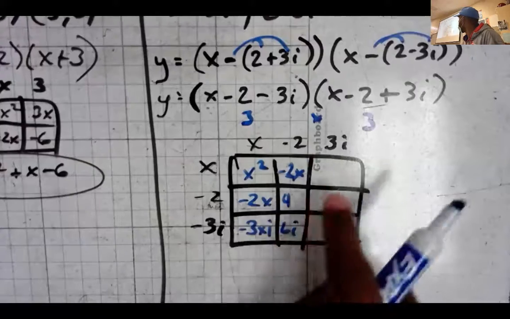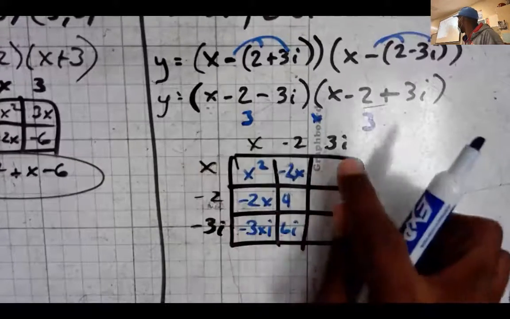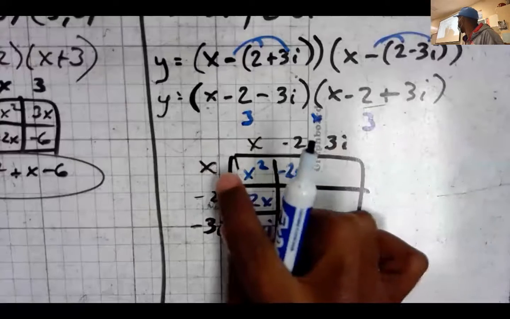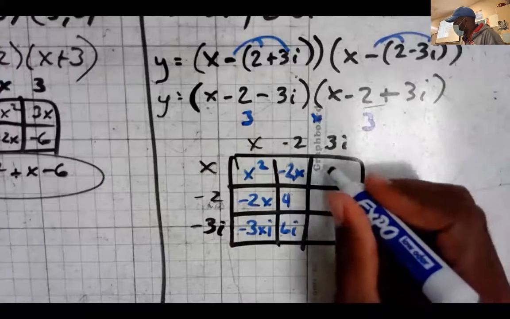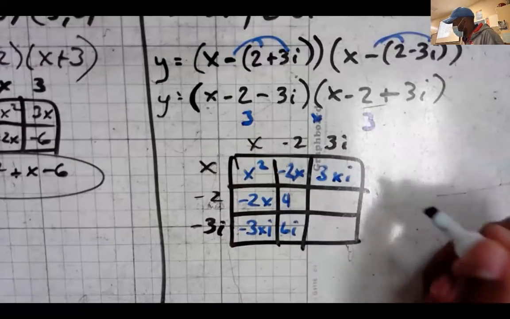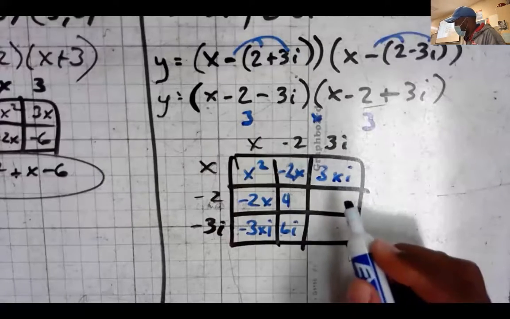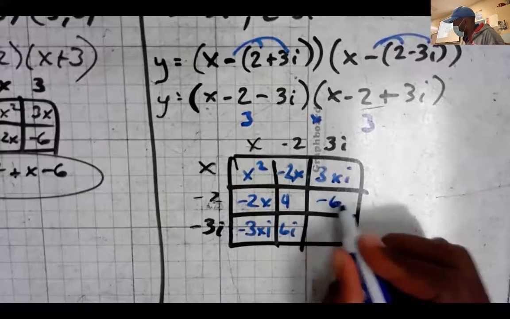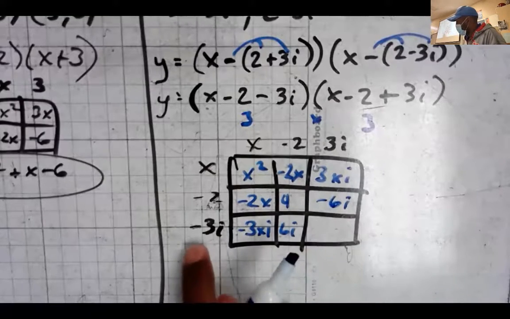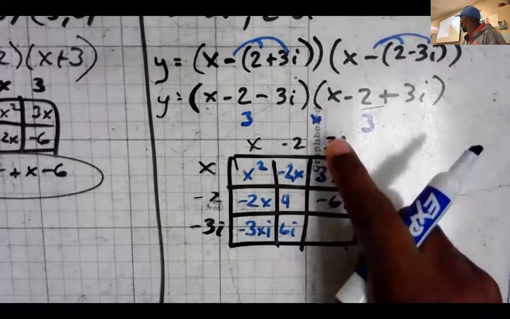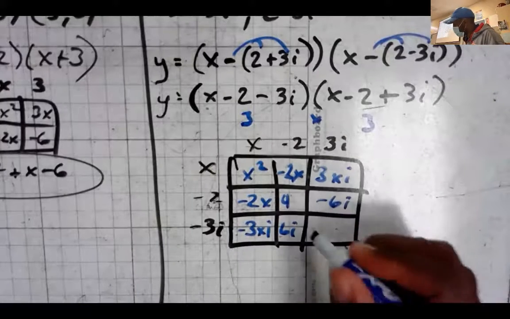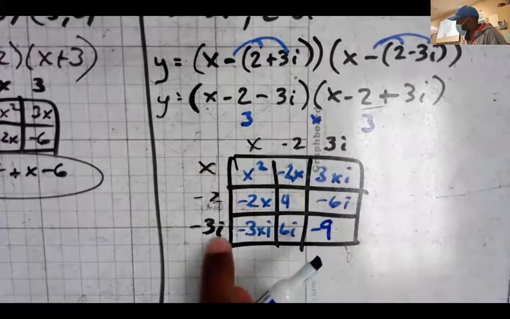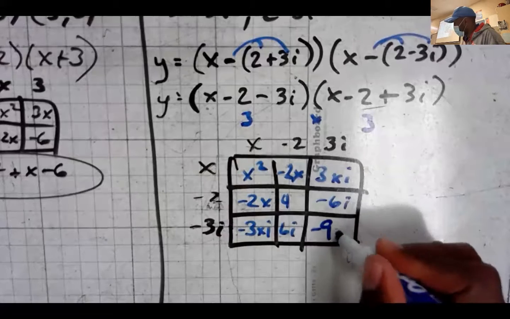I'm just multiplying all the way through here. Now, again, here's 3i times x, so 3xi, except this time it's positive. And then 3i times negative 2 is negative 6i. And then the last one, negative 3 times 3, well, that's negative 9. Now, i times i is i squared.